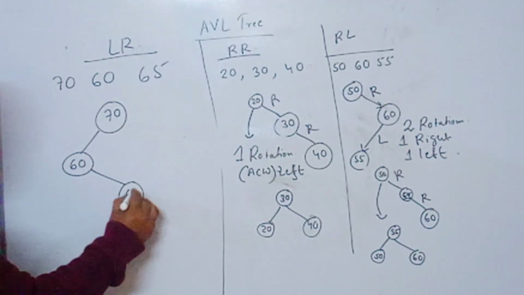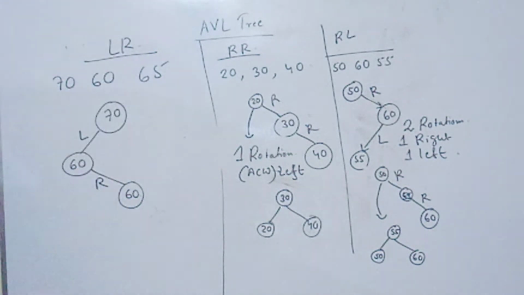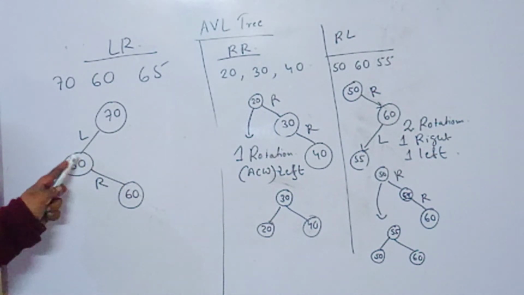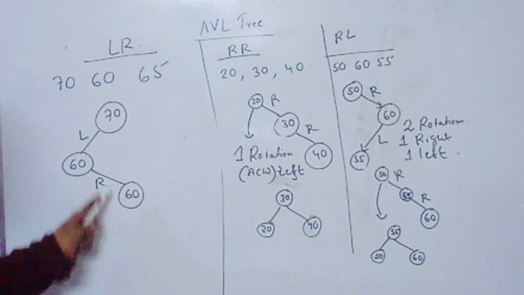So this is a left, right: LR. If there is a left child only, no right child, it is a left imbalance. If there is a right child only, no left child, it is a right imbalance. So it is an LR.